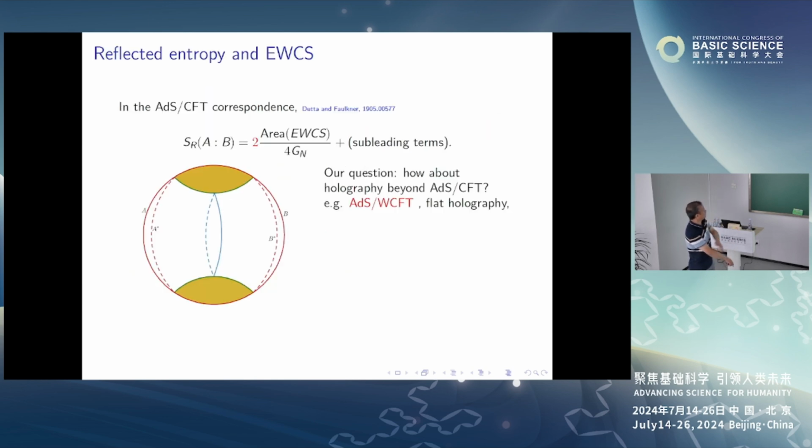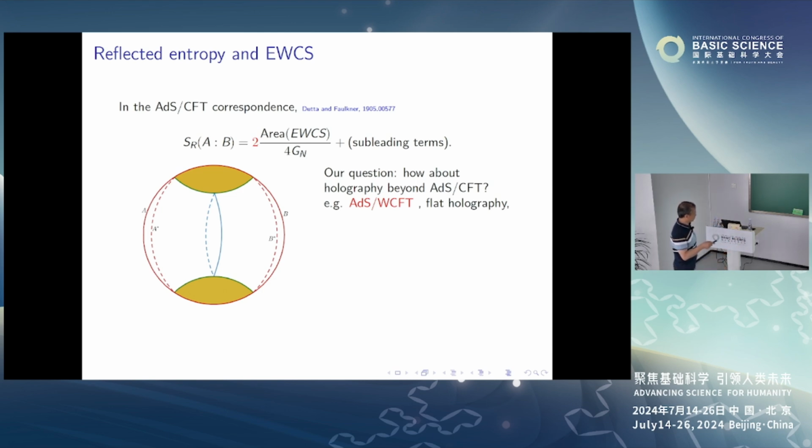And so the last topic of my talk is on the entropy and its implication in holography. In the standard AdS/CFT correspondence, we know from its definition and a simple computation that since we are doing the canonical purification, we have A and A prime, B and B prime, and the entanglement wedge cross-section also gets doubled.